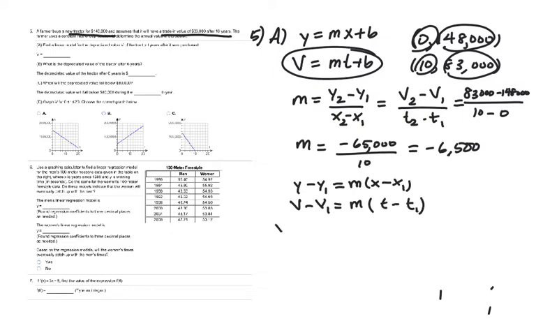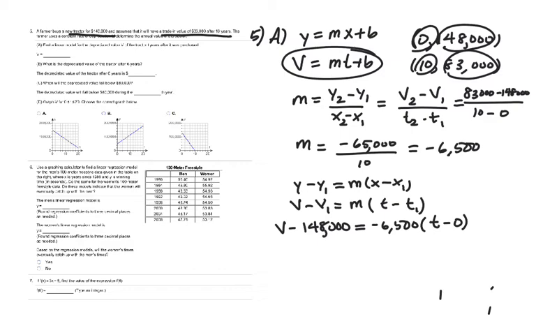Okay, so we have v minus 148,000. That was our first value given, equals our slope that we've just found, a negative 6,500, times t minus our first time, which was 0.